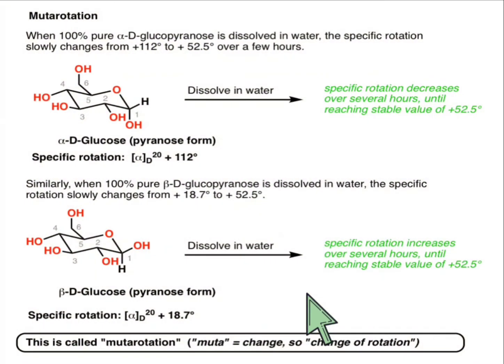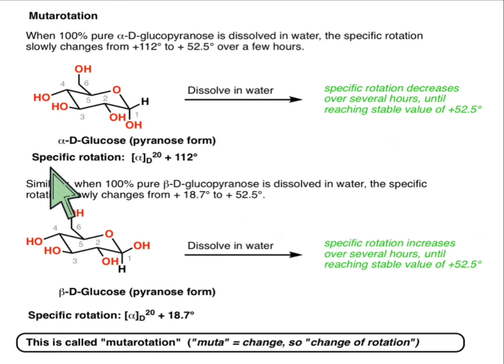Now what happens here? When a monosaccharide sugar is dissolved in water, the optical rotatory power of the solution gradually changes until it reaches a constant value.